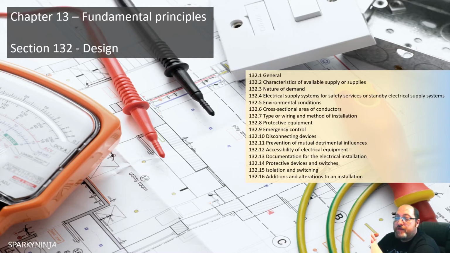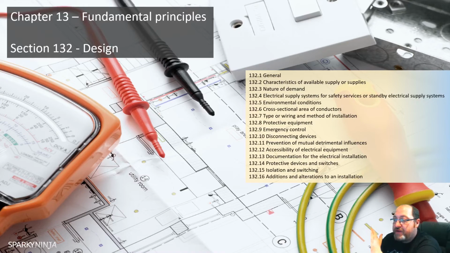Nature of demand, 132.3. The number and type of circuits required for lighting, heating, power, control, signaling, communication, and information technology shall be determined from the knowledge of the location of points of power demand. So, ask the client, where's this stuff going?